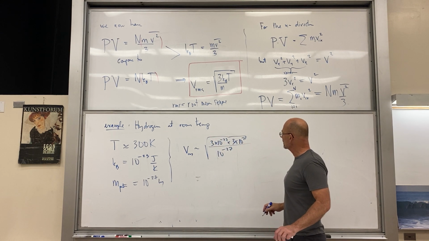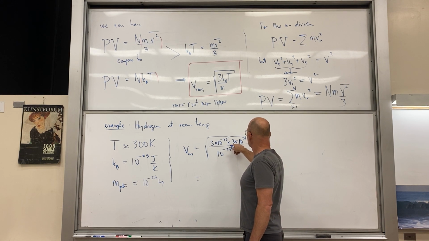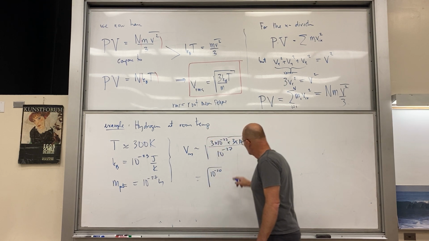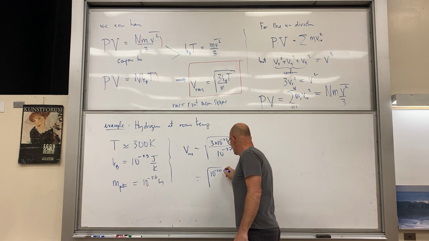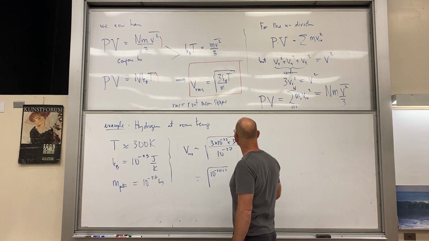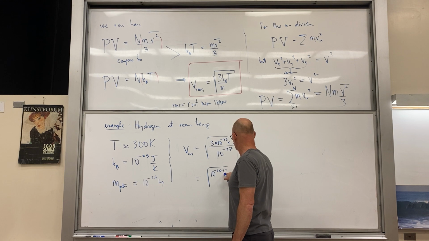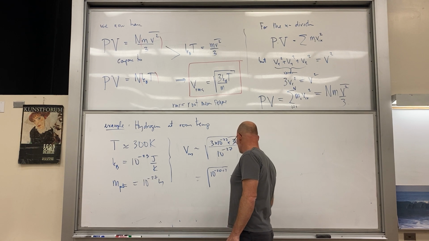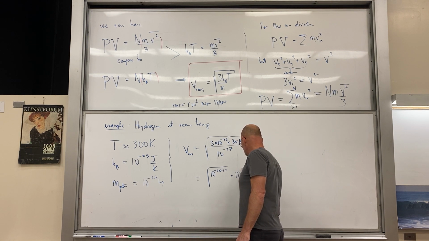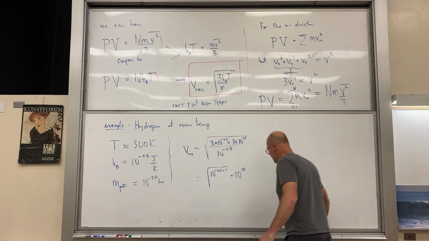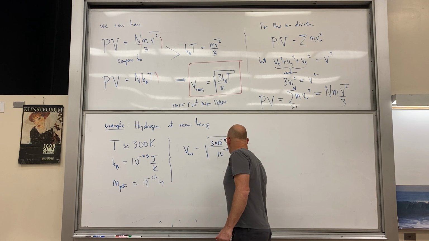So 3 times 3, that's 10. 10 to the 3, so that's 10 to the minus 20. Denominator, minus 27, so plus 7. Back up here, 20 plus 27.